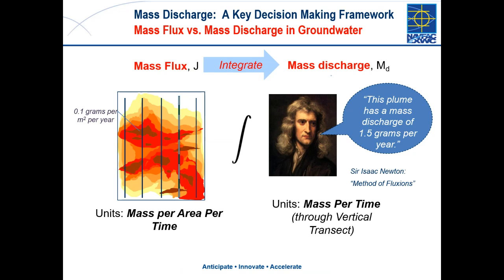If you measure how much water is flowing through different parts of this, and more importantly, what the concentration is in this vertical transect, you get a mass flux, mass per area per time. Sometimes we use the word mass flux to mean mass discharge, but the ITRC said, no, we should be much more specific about our nomenclature. And that mass flux is just mass per area per time.